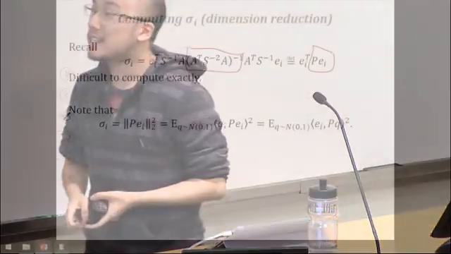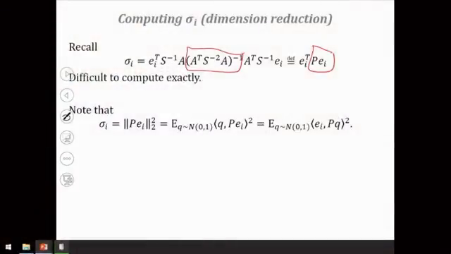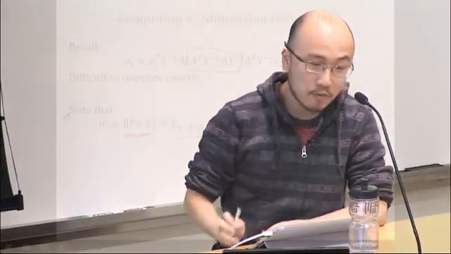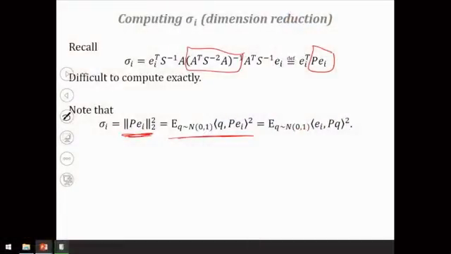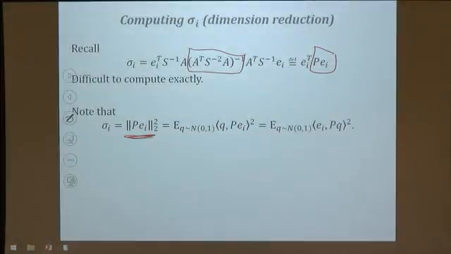But this is easy to approximate. Because P is a projection matrix, sigma I is just the norm of P e_i. And you can just pick some random vector Q, coordinate-wise normal distribution, and then it's easy to prove.